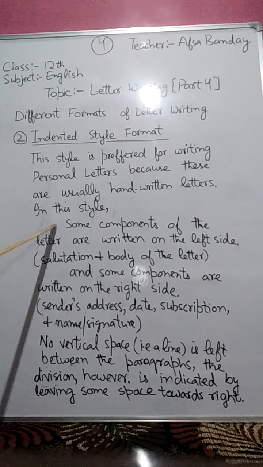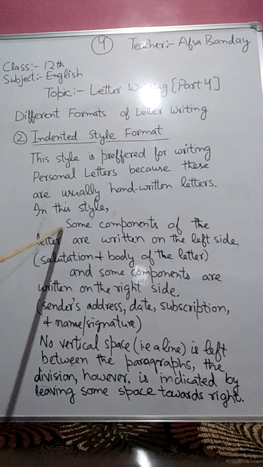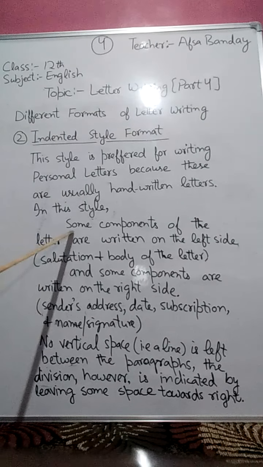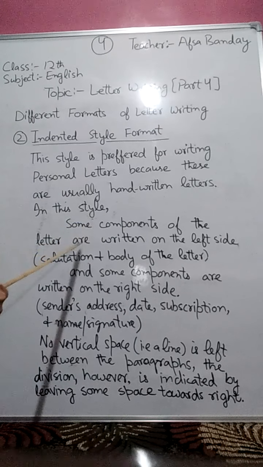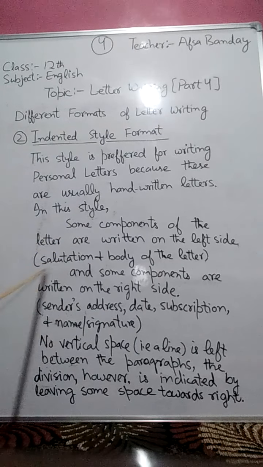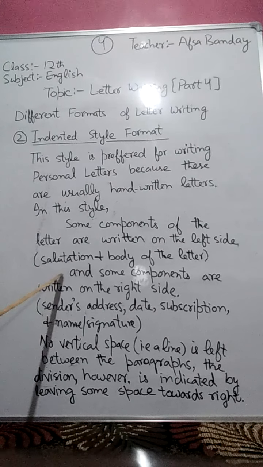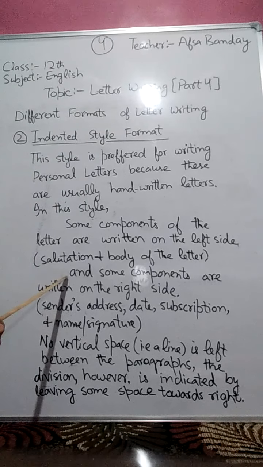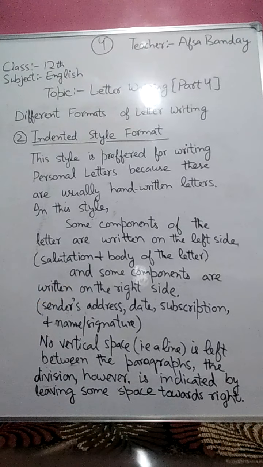If you look here, you can see that we have started the paragraph by putting some space, and then we started our paragraph. In the same manner, when we started our new paragraph, we didn't leave a line here. Simply we put some space here towards the right, and we started our second paragraph.